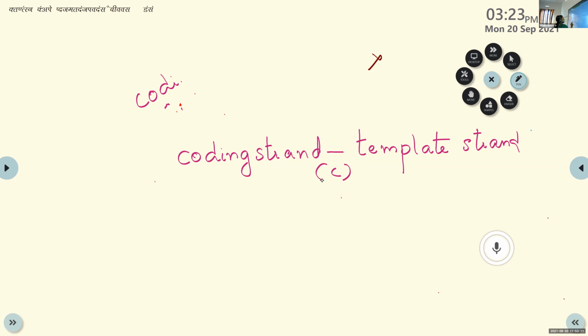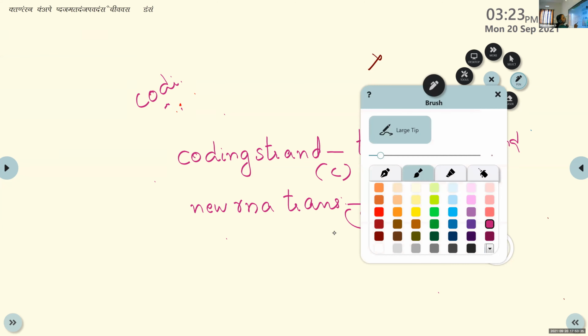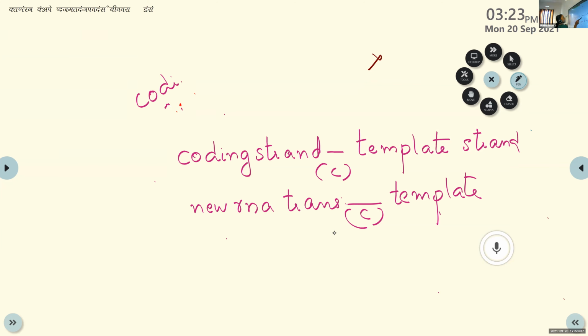And the new RNA transcript also will be complementary to template strand. That means the information or the sequence of nitrogen bases, both are complementary to template strand.